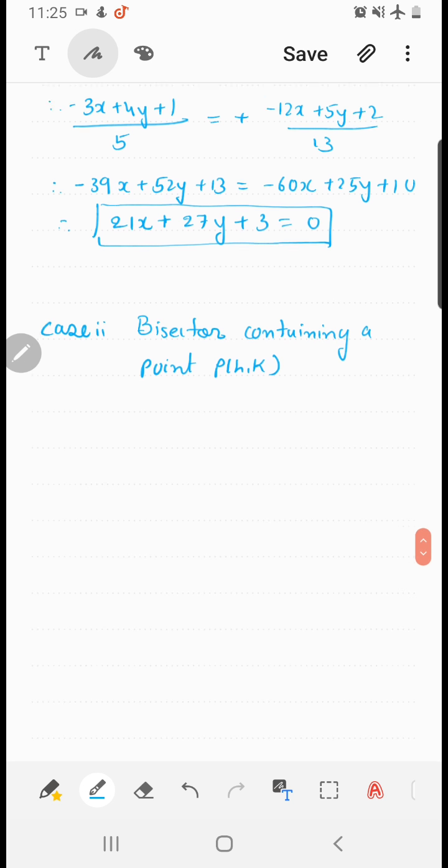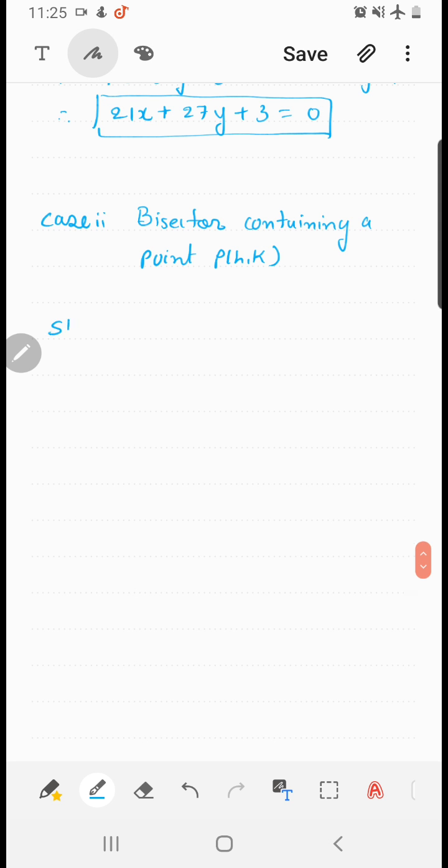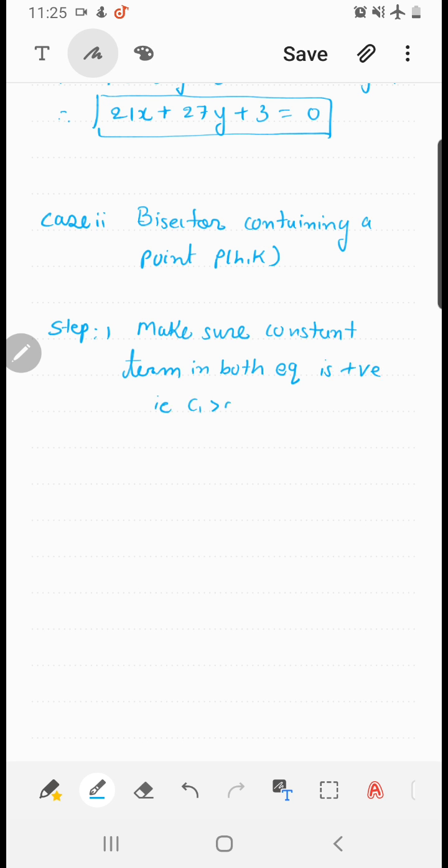So in this type of sum we follow 3 steps. Step number 1, make sure the constant term in both equations is positive, that is C1 greater than 0 and C2 greater than 0.